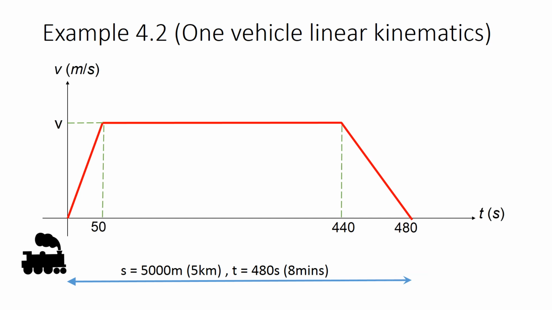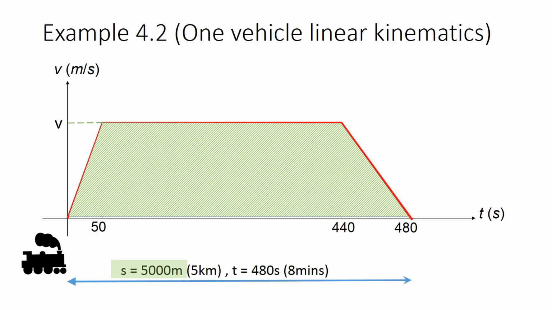Next, we're going to solve the first quantity. The question asks for the uniform velocity, which is this part here. As you have noticed, we do not know the value of V, but we do know that the entire journey is 5,000 meters. And as you have understood, the area under the VT graph is equal to the total displacement.